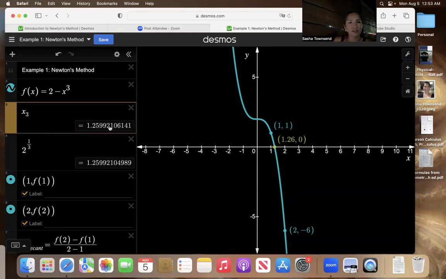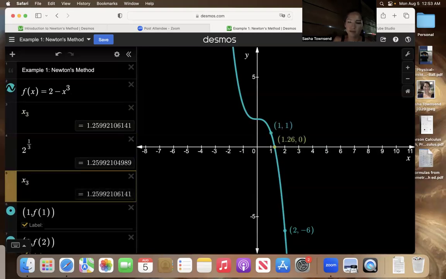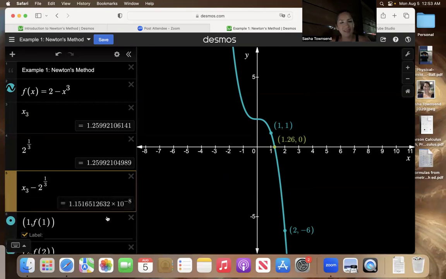So the difference between x sub 3 and 2 to the 1/3, like our guess and the actual value of the root, is on the order of 10 to the negative 8. So the 1, 2, 3, 4, 5, 6, 7 digits after the decimal point are all correct. The 8th digit is the only one that's off by a little bit. It's supposed to be a 4 and then a 9, not a 6 and then a 1.